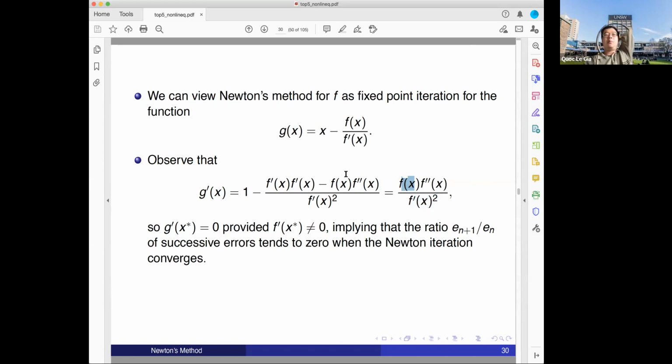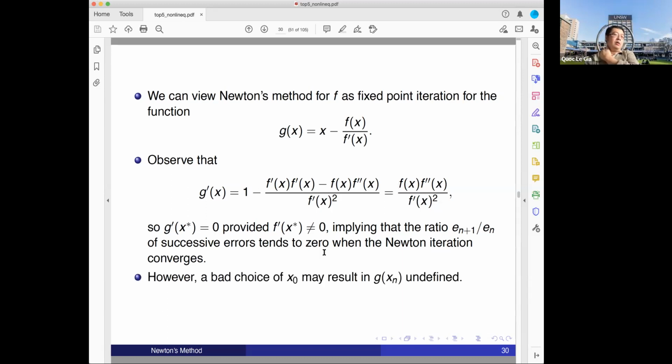So then g prime at x star is always equal to 0. So it means that the ratio en plus 1 over en is always less than 1. So it's always convergent. It doesn't matter what the function f is, right? So that is the implication here.